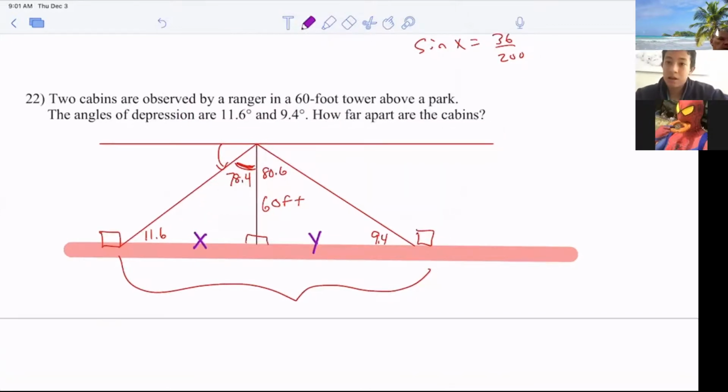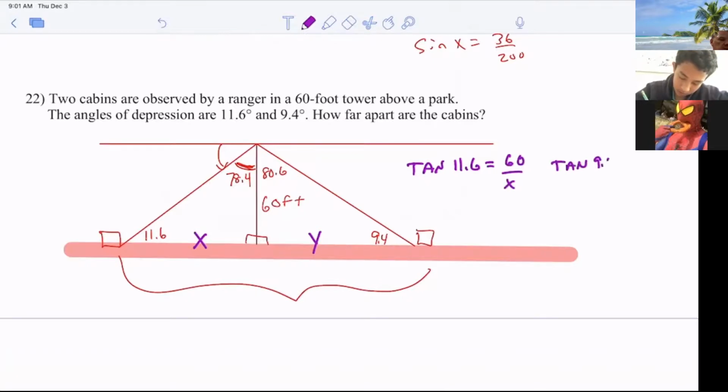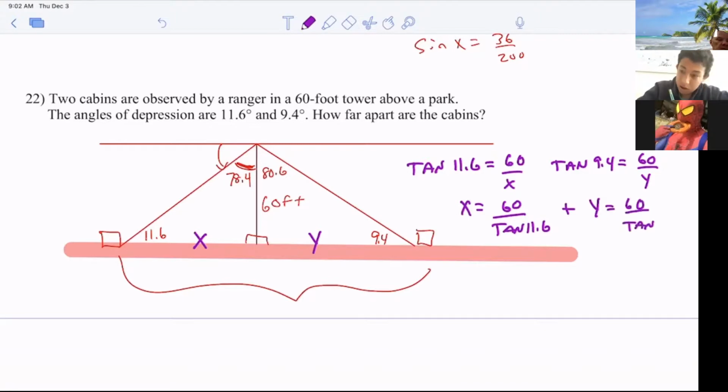So we can just look at that. It doesn't matter what angle you use, but I'm going to say that tangent of 11.6 is equal to 60 over x, and then tangent of 9.4 is equal to 60 over y. So x is equal to 60 divided by tangent of 11.6, plus y is equal to 60 divided by tangent of 9.4.